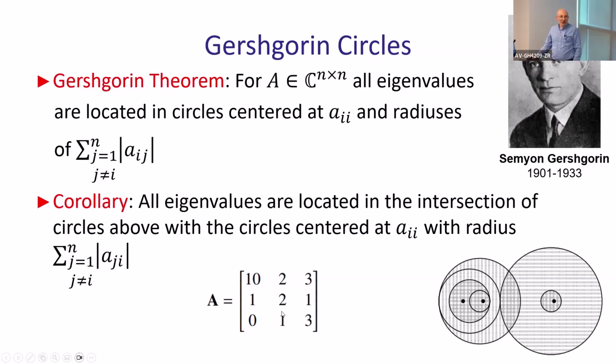Same thing with the 2. You have center 2, again somewhere here, and then you have radius 2 and radius 3. That radius is that circle, and radius 3 is that bigger circle. Again, the overlap will be that cross-shaded area.